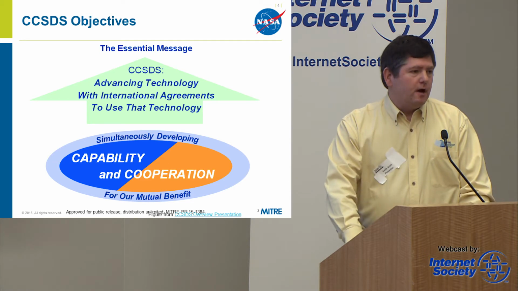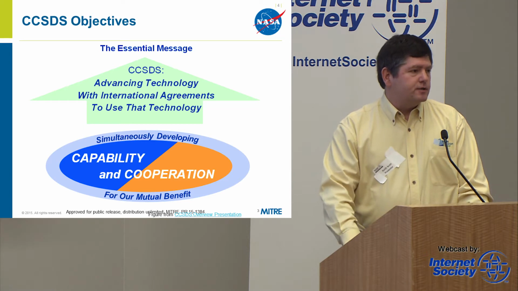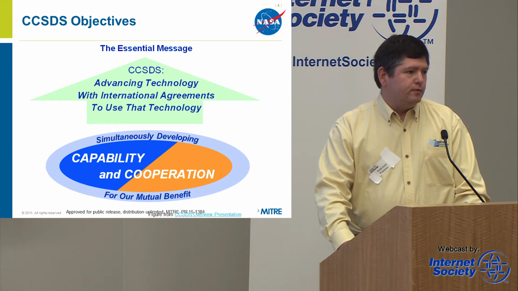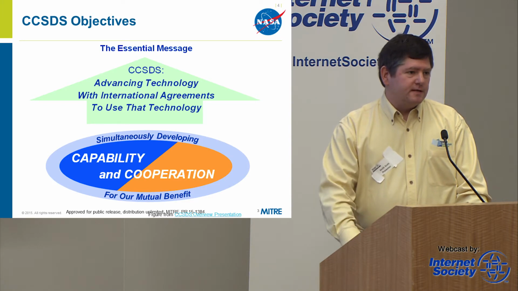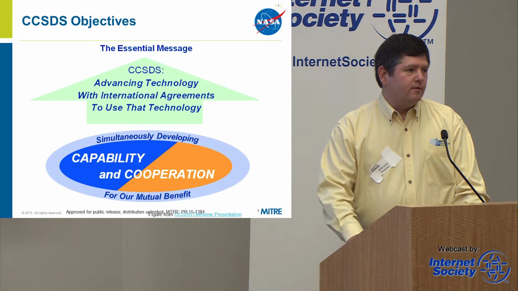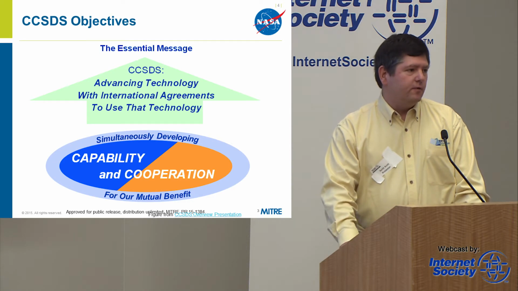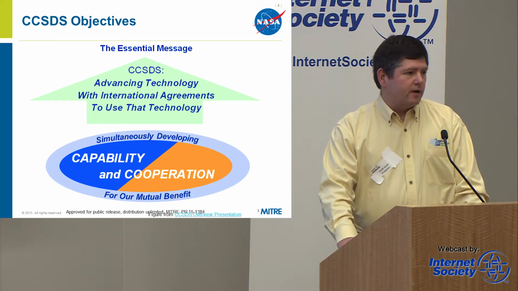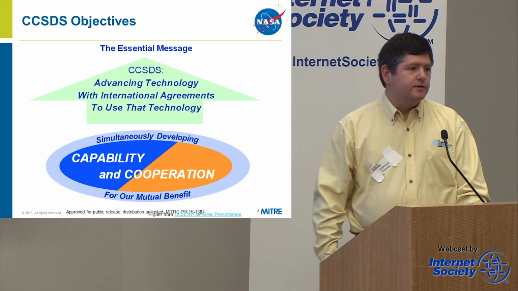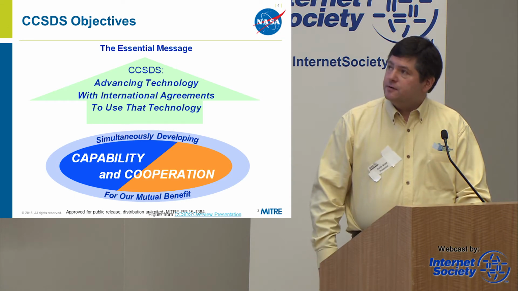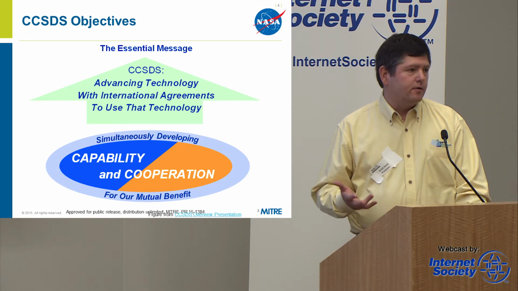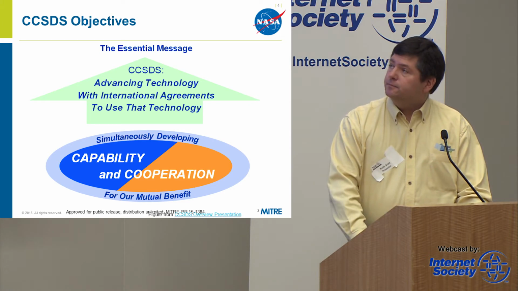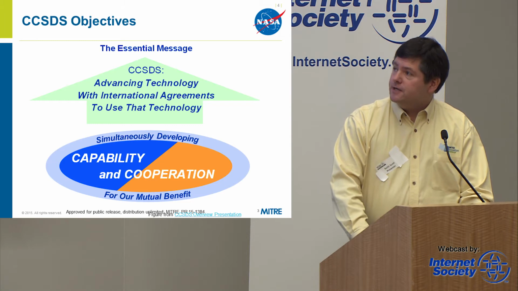So the job there is enabling this cross support and also trying to develop an economy of scale through industry, right? Because as Scott pointed out, there's not a lot of market for rad hard parts. There's not a lot of market for the various other things that go into space communication. And so CCSDS, by standardizing the protocols, is trying to consolidate that market a little bit and make it a little bit cheaper for the various agencies. Next.